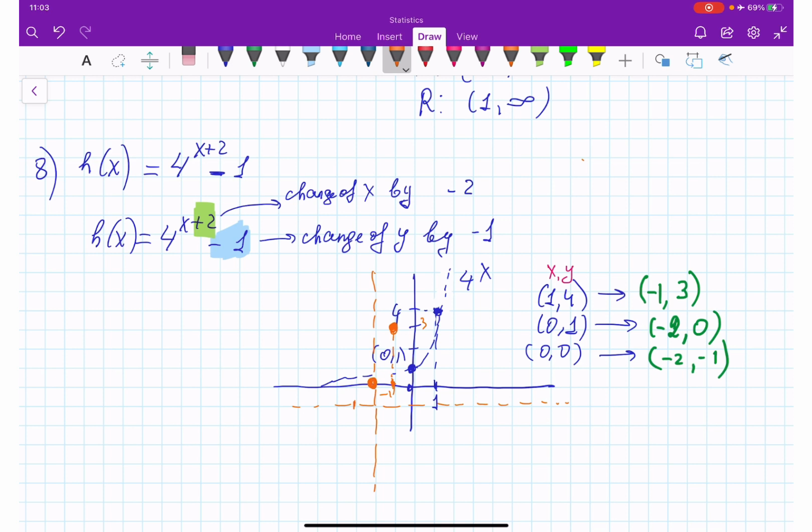And it's going to come to -2, -1, this point right here. Which means the graph is going to come like this. Now I make it look solid also.